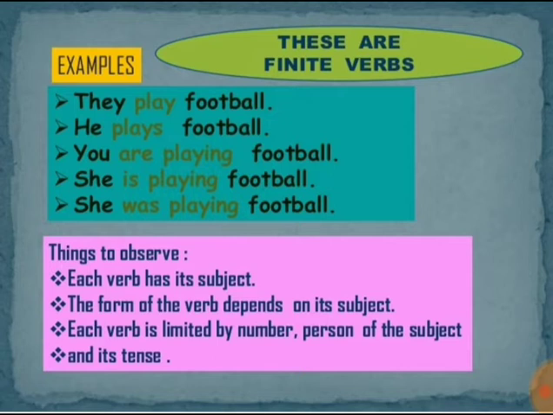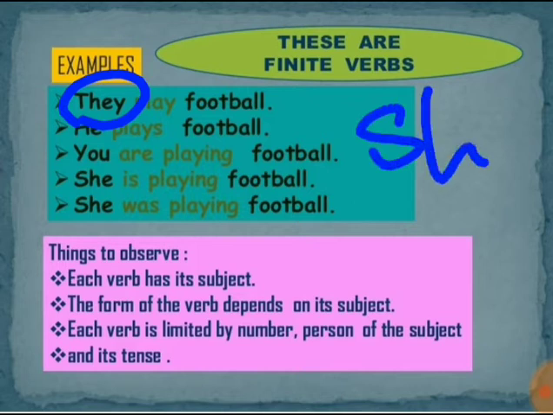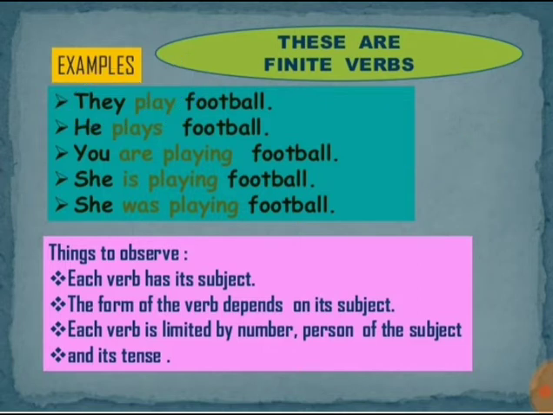Now let's see examples of finite verbs. These are finite verbs here. They play football. Okay, with they it is play. But if my subject over here is singular, she, then what it will be? Plays. So this plays, s or es added to this verb, is determined by what?